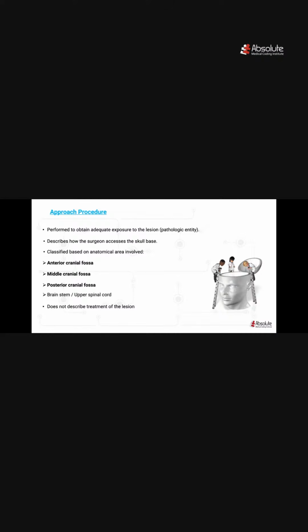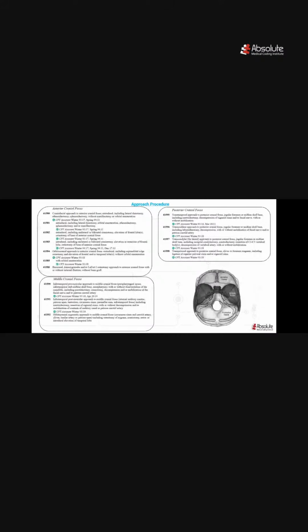So CPT organizes the skull base approach codes around these anatomical regions. You can see these are the approach procedure codes and how they are classified, according to the cranial fossa. You have approach procedures on the anterior cranial fossa, the middle cranial fossa, as well as the posterior cranial fossa.